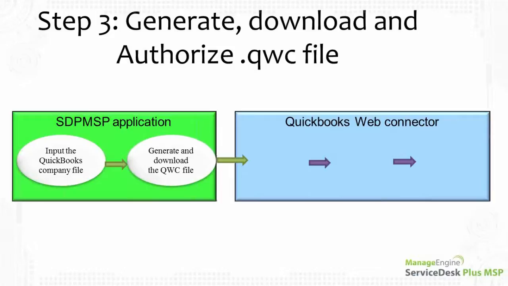Along with the download file, it will also give you a password, which is kind of a pass code, and that particular code you will have to copy somewhere as a reference, and then you will have to move on to the QuickBooks Web Connector.